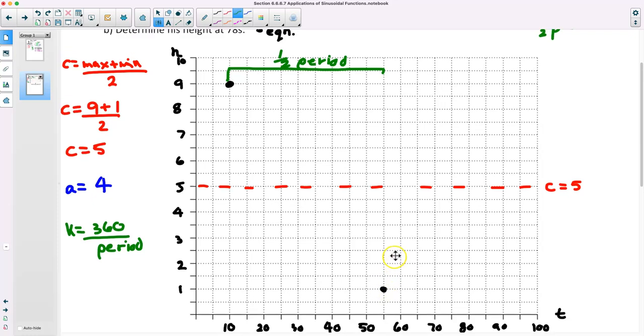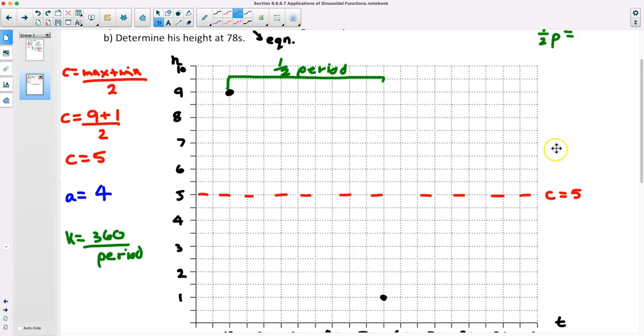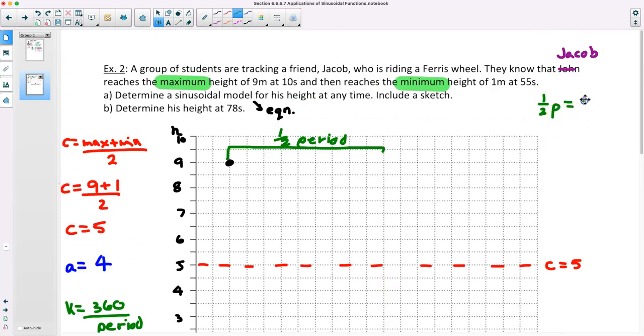This is at 55 seconds, and we're going to subtract, this one here was at 10 seconds, so the distance in between is 45 seconds. If we did that another half over here, we can say that the full period is just going to be this 45 times 2, which is simply those 90 seconds.